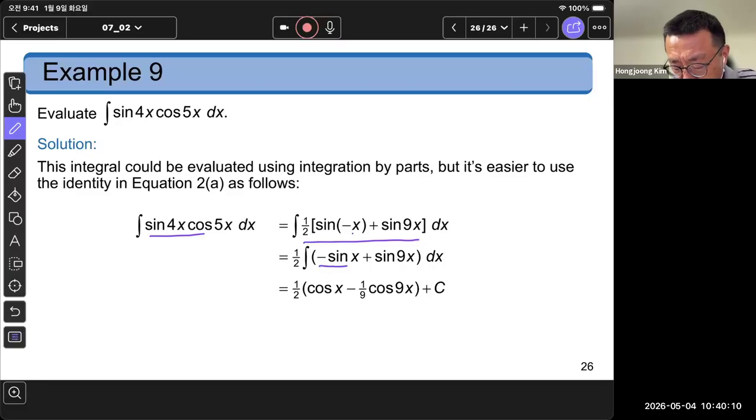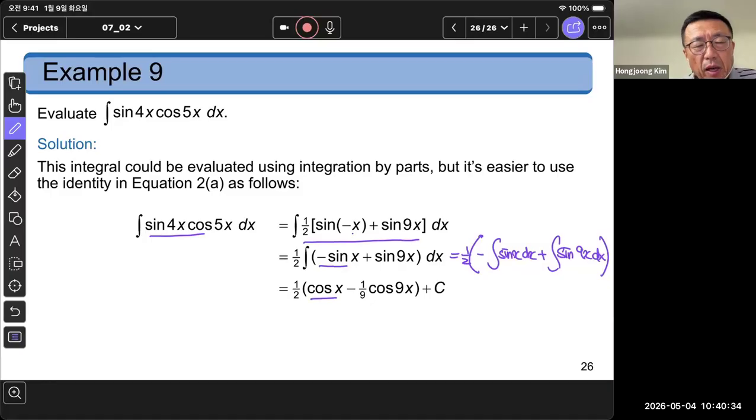So we can just integrate sine x dx plus sine 9x dx. The integration of sine x will be negative cosine, but since I have another negative already, the entire term will be just cosine x, and sine 9x is integrated to become negative 1/9 of cosine 9x.